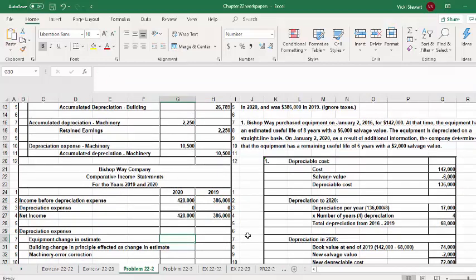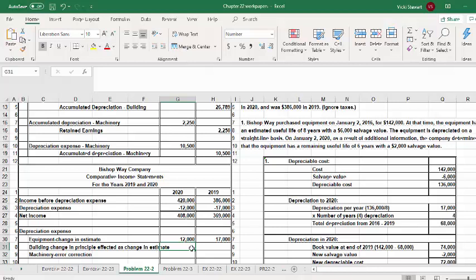So when there is a change in estimate, we are not required to use any type of prior period adjustment. We just show for 2020 the depreciation expense calculated based on the new useful life and salvage value, but we leave the amount that was calculated for 2019 as it was originally reported.